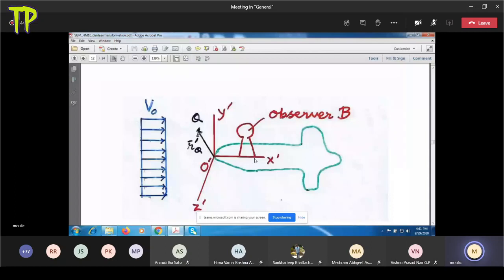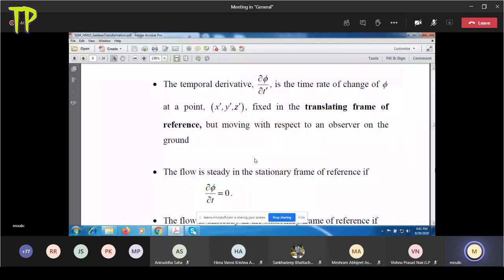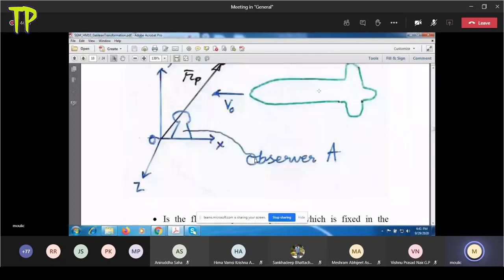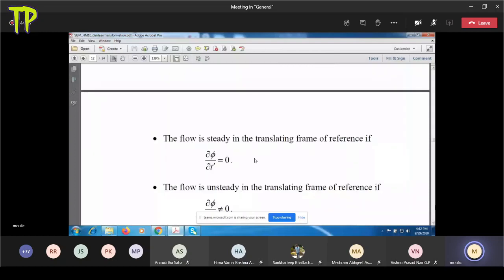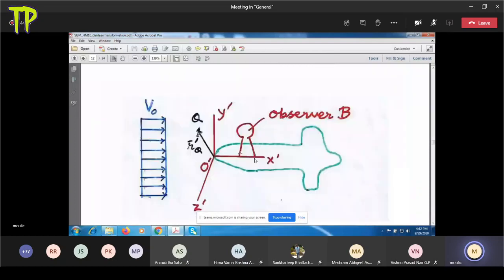So if I go back and say observer A sees the plane moving from right to left with the velocity magnitude of V naught. V naught is the speed and the direction is in the negative x direction. Then observer B sitting inside the plane will see the fluid moving in the opposite direction, in the positive x direction, which is the same as the positive x prime direction.